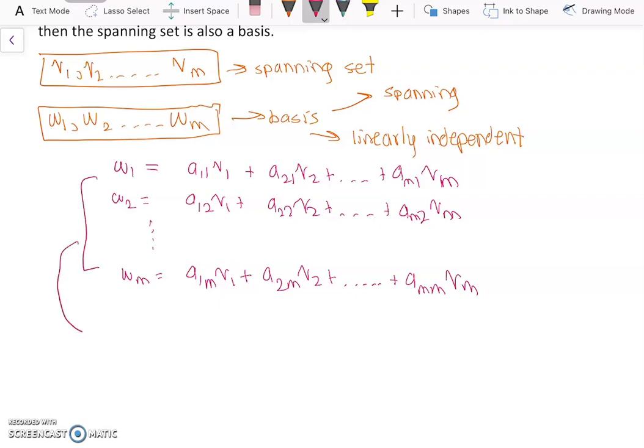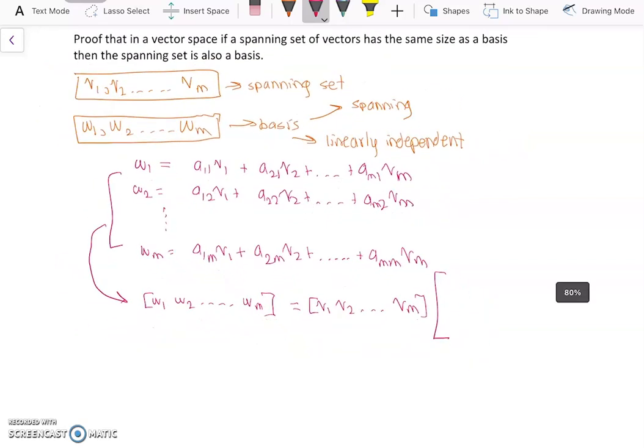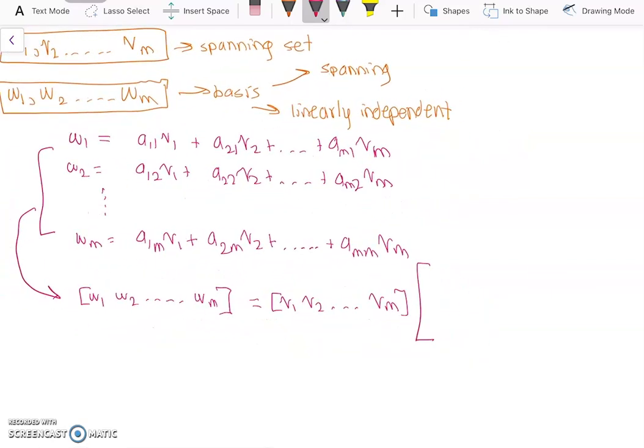Okay, all this information can be represented in the following matrix equation: a row of all the w's is equal to a row of all the v's times a matrix which has all our a's. Here's our square matrix, m by m.